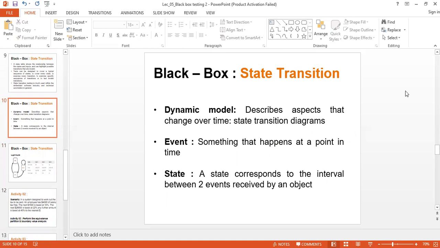In a state transition case, we have the dynamic model, event, and state. The dynamic model describes aspects that change over time.